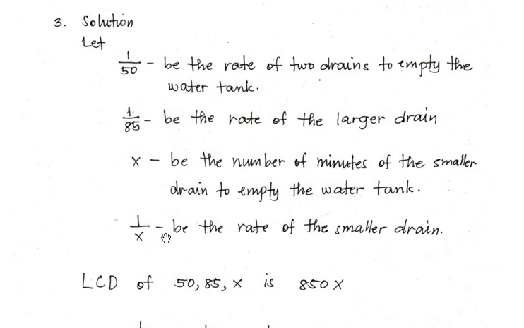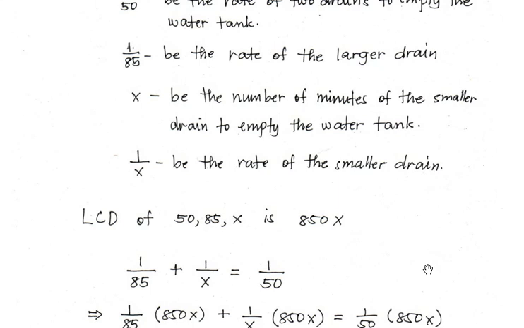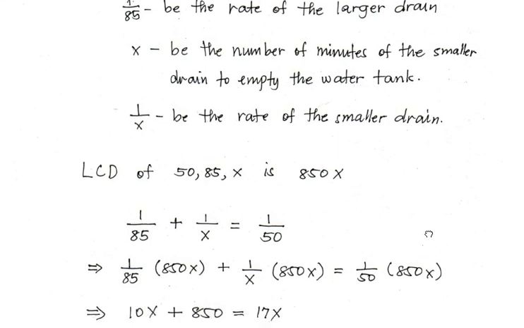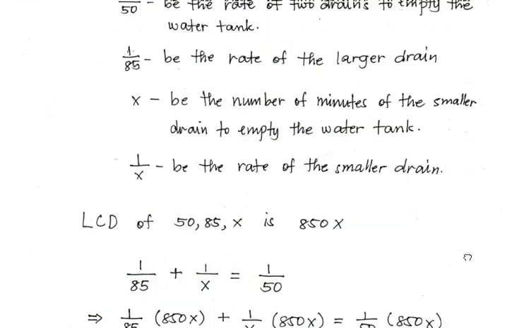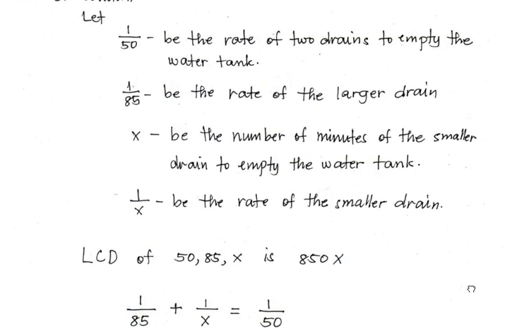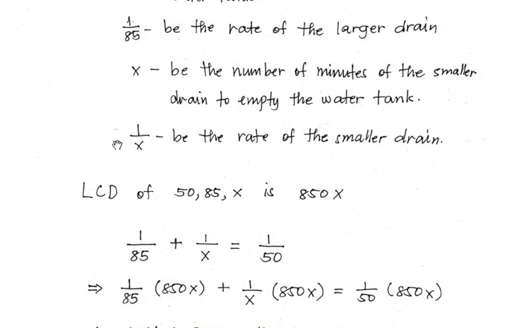And for this, we set up the required rational equation. We have 1 over 85, the rate of the larger drain working alone. And then the rate of the smaller drain emptying the water tank alone is 1 over x.